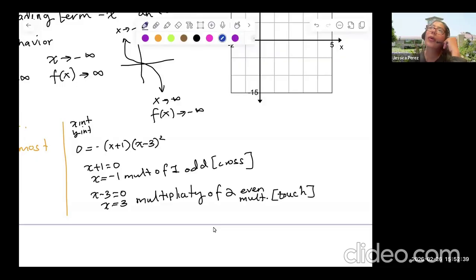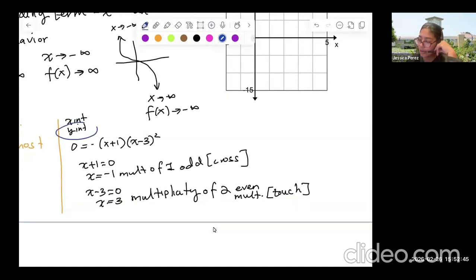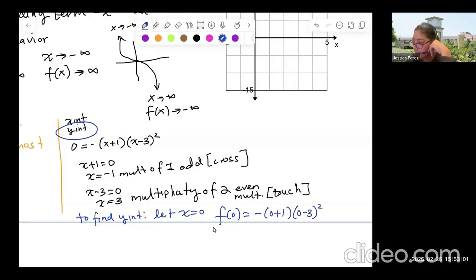So then what do I have to do first? Well, I'm going to have to find the y-intercept. To find the y-intercept, you let x equal 0. So f of 0 is equal to negative 0 plus 1, 0 minus 3 squared.